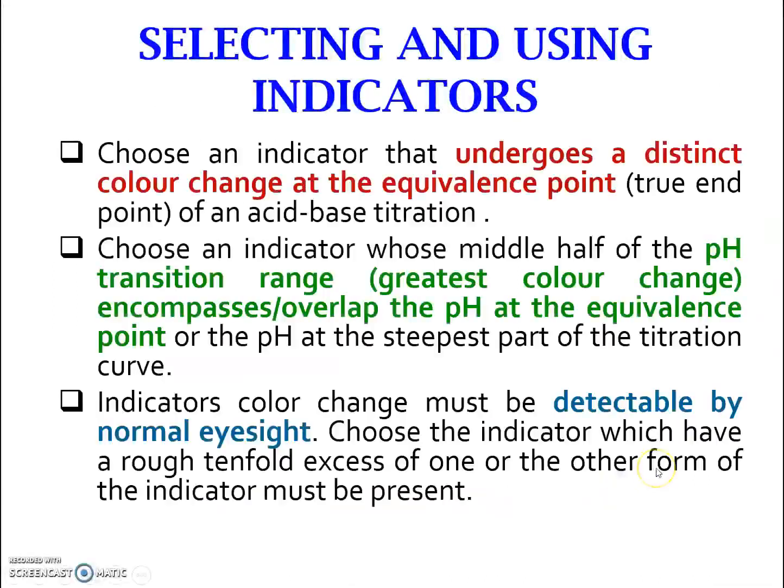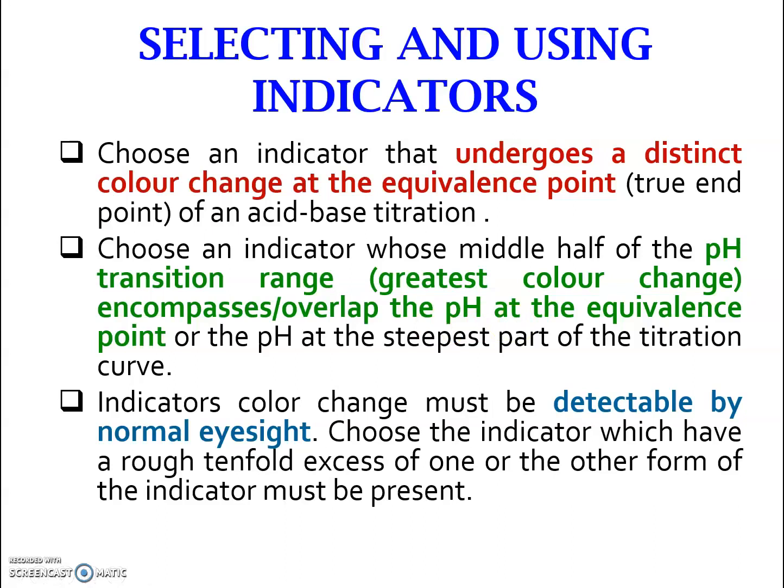Selecting and using indicators. Choose an indicator that undergoes a distinct color change at the equivalence point. Next, choose an indicator whose middle half of the pH transition range, the greatest color change, overlaps the pH at the equivalence point.